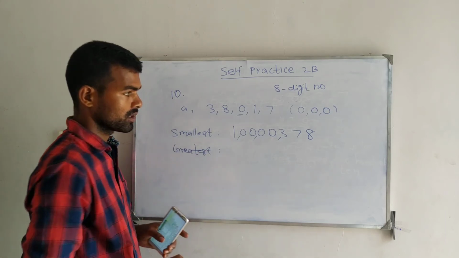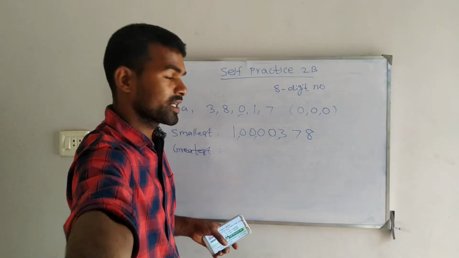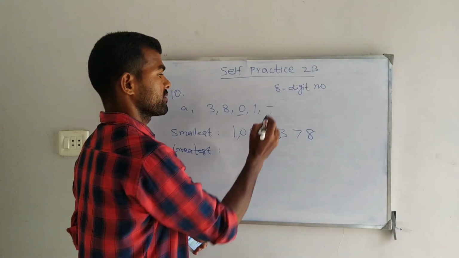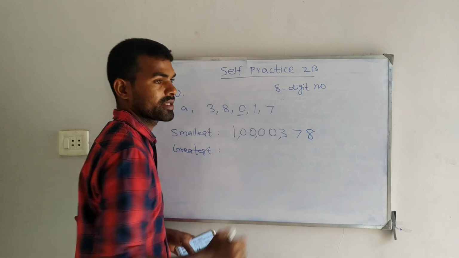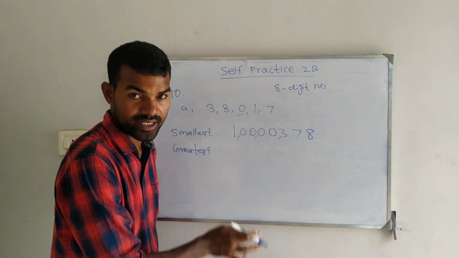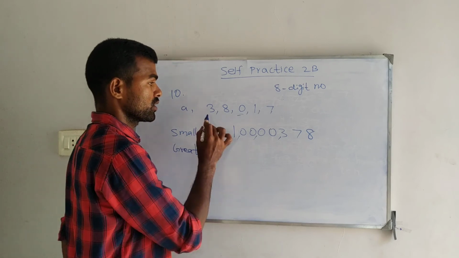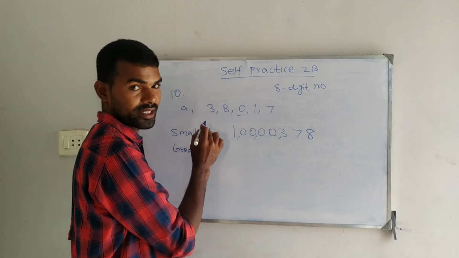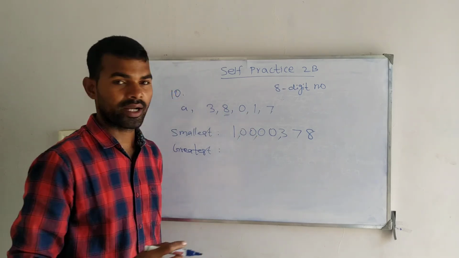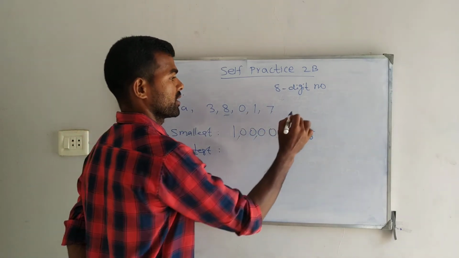Next we have to form the greatest number. We got only 5 digits here, and we need 3 more digits. What is the greatest digit here? 8 is the greatest digit, so write 8 three more times.